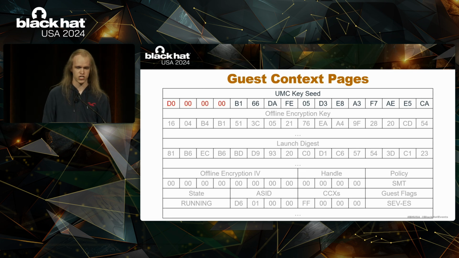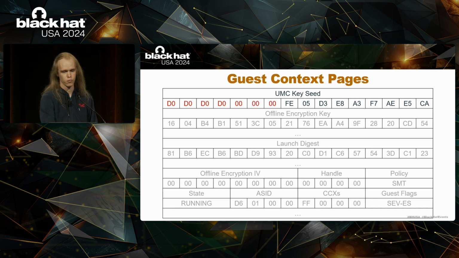If we just do this once, we can corrupt the first 4 bytes. However, as I told you, we can adjust the location of the memory corruption. So if we do the same thing 1 byte over, we can corrupt another byte. And if we do that a couple more times, we can set the whole UMC key seed to a fixed value.